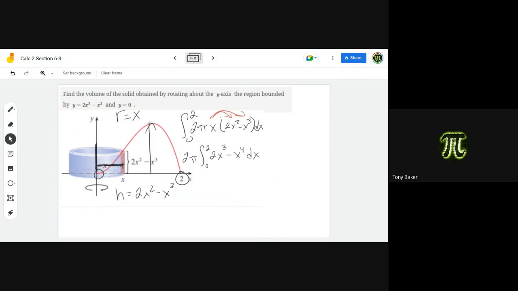Two and 32, which is going to be 16 over 5.